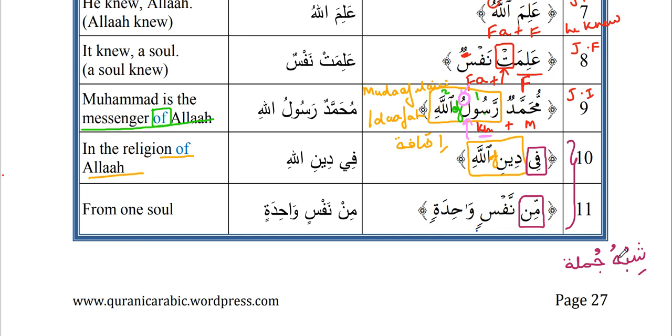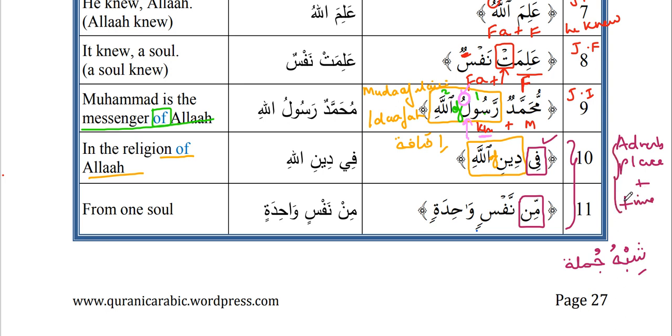And what is the recognition point of Shibh Jumla? They always start with a jar. In this case, the example is of the jar case. Jar means these are particles, fi, min. We will learn about these particles in the genitive case, the majroor case, in the fifth lesson. So for now, know that this is harf jar, a particle, and these sentences will start with the harf jar or an adverb, an adverb of place and time.